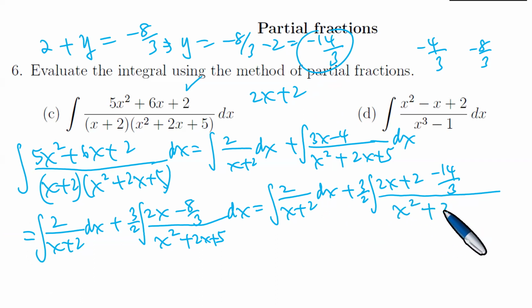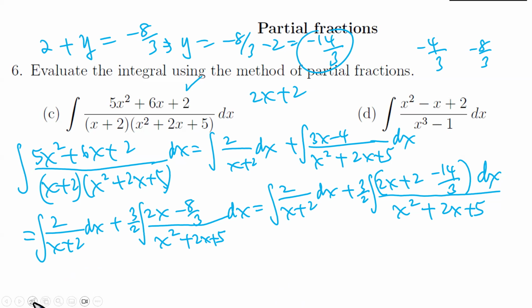Okay, so that's what you have. And then it's x squared + 2x + 5 dx. Right, so take a look at these and reason.